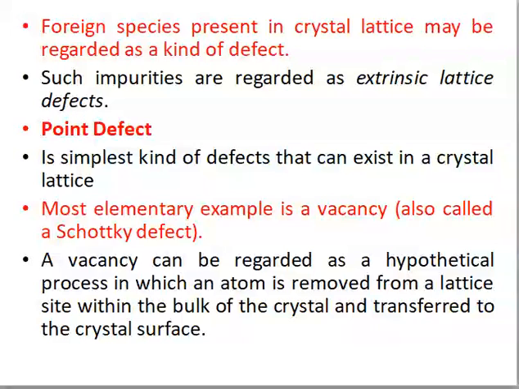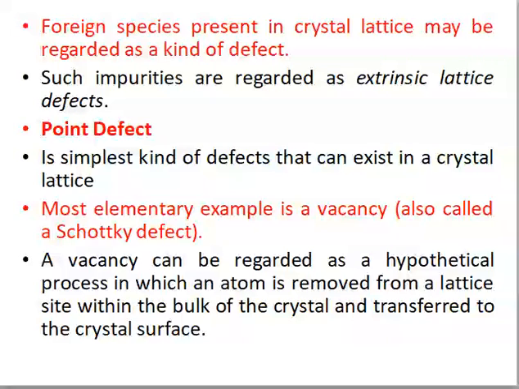A point defect is the simplest kind of defect that can exist in any crystalline lattice of a semiconductor material like silicon. It is categorized into two types. The most elementary and most common is what we call the vacancy point defect, sometimes called the Schottky defect.